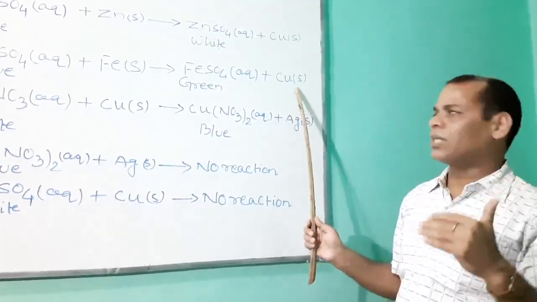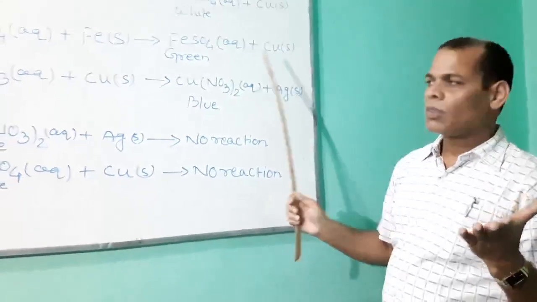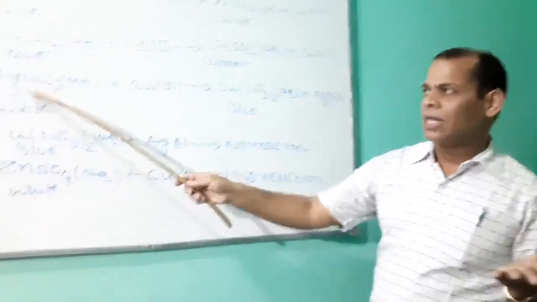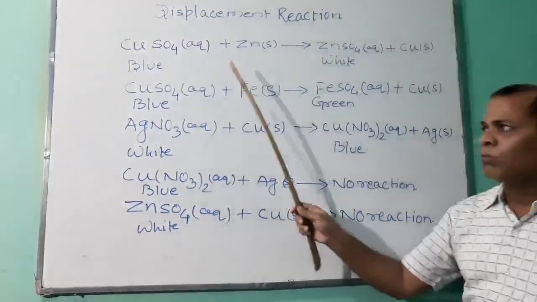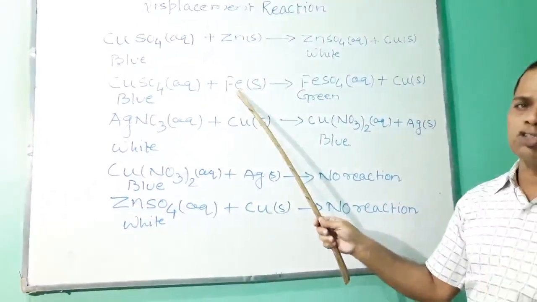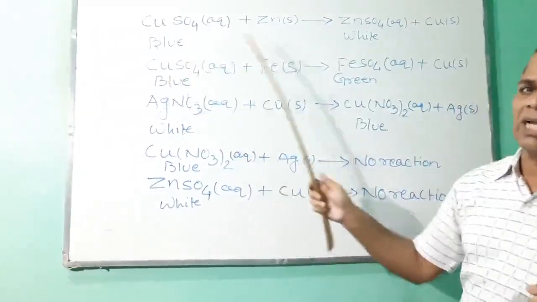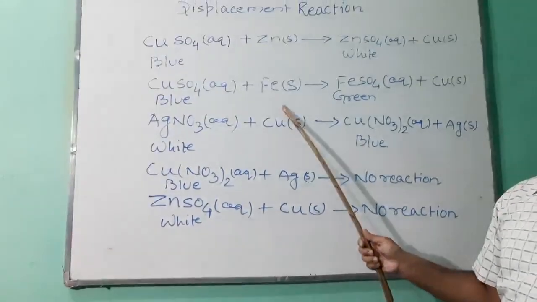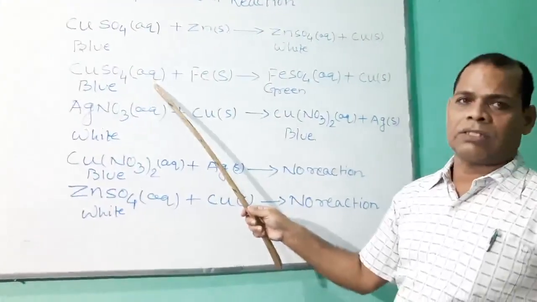That brown substance is nothing but copper. So here also it indicates that iron is more reactive than copper. That's why iron is able to displace copper from copper sulfate.